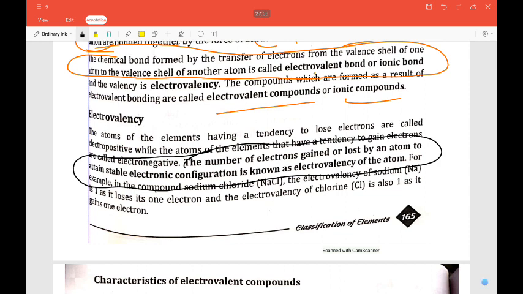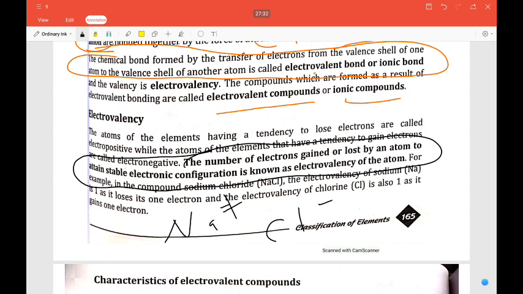The number of electrons gained or lost, that is electrovalency. Let me give you one example. Sodium chloride, NaCl, is written as Na plus and Cl minus. Dear students, you find out the electrovalency of sodium and chlorine.